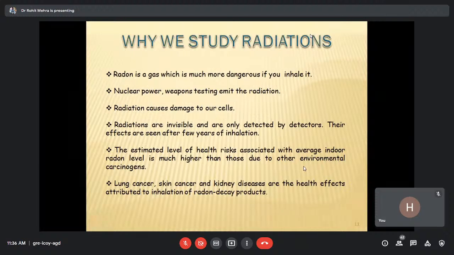Even black granite, which is naturally radioactive, has a higher concentration of uranium contamination compared to white granite. So sometimes architects, doctors, physicians, or radiologists have to sit together so that you could decide.